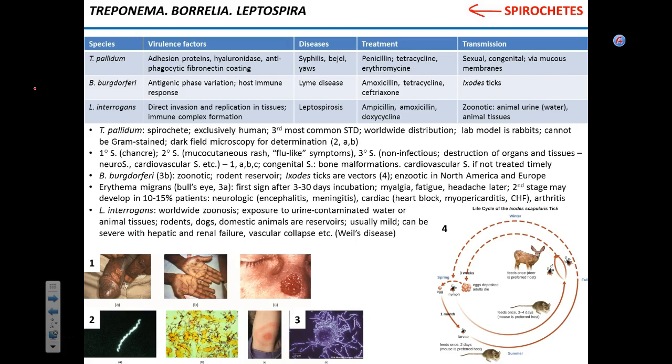We're talking about the cell wall structure that are called diderm bacteria. So they are neither gram-positive nor gram-negative. Is that clear? They are neither.